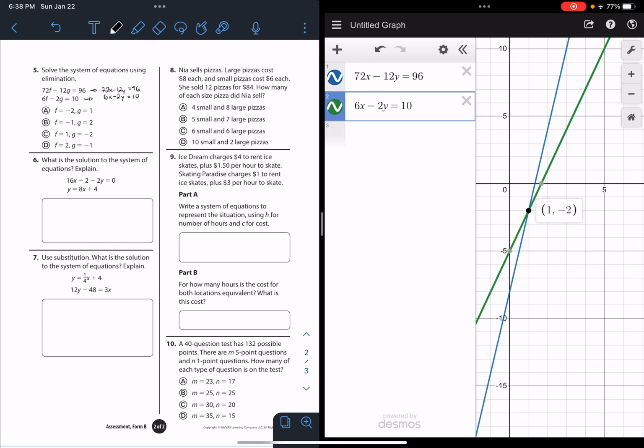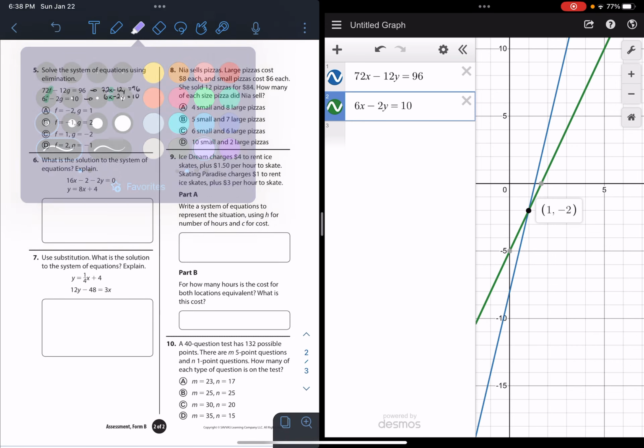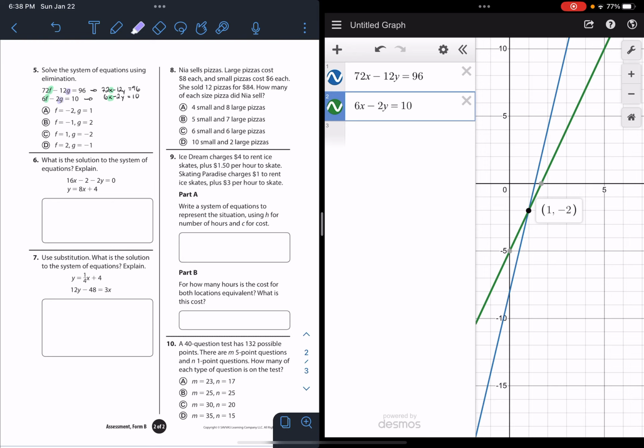So if you look at your options over there on your test, you have A, B, C, or D. We said that our F right here is actually our X, so our F values are our X's, and our G values are our Y values.